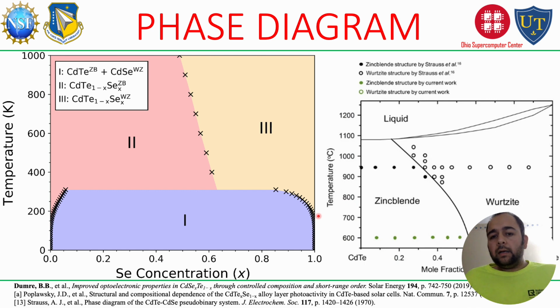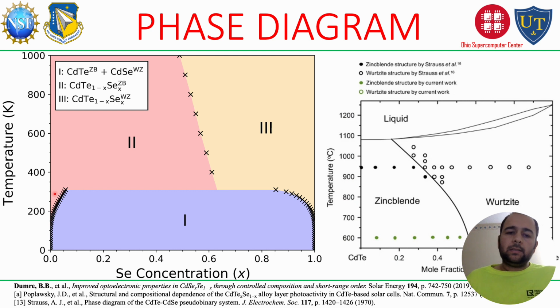One of our key results was the phase diagram, which I have explained in the cover letter as well. I personally went through a lot of hardships while calculating this particular phase diagram, and I was lucky enough and persevered a lot to get this done. The result of this phase diagram tells us that this area in the blue does not have any mixing while the alloy is being formed until 325 kelvins of temperature.